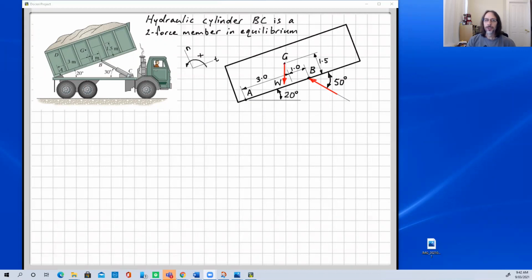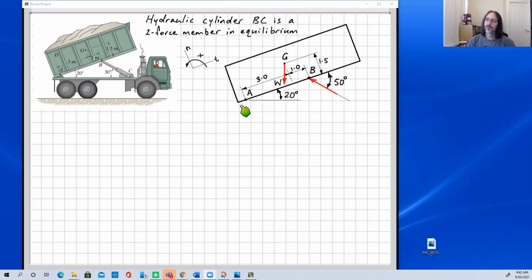What I'm going to do is, instead of using our usual horizontal and vertical XY components, find components that are tangent and normal to the bottom of the tray, or bottom of the dumpster here. So T is along this line, parallel to the bottom of the dumpster, and N is normal.